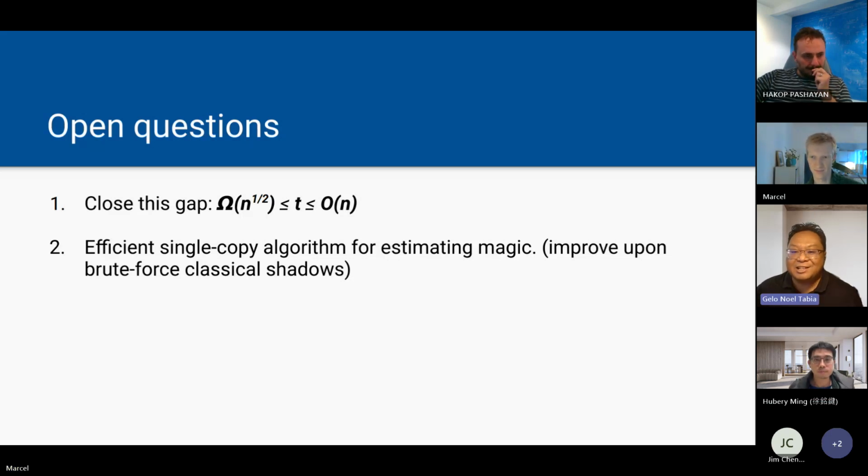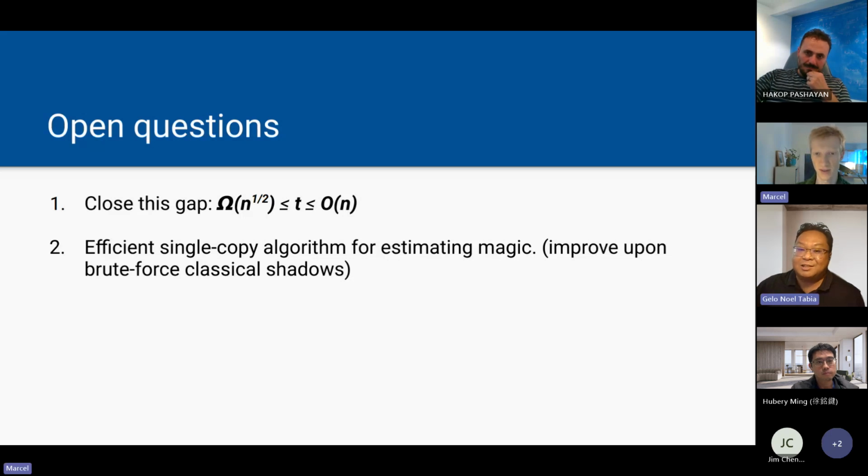Yeah, I just wanted to add that we recently had someone give a talk on efficient shadow tomography. So I think the claim that you're making is really if you're doing things single copy, but if you go to multiple copies, then it's actually possible to get at least some improvement in the time complexity.